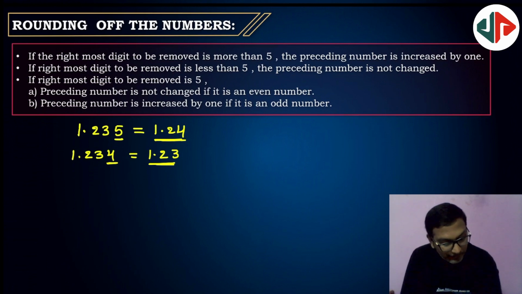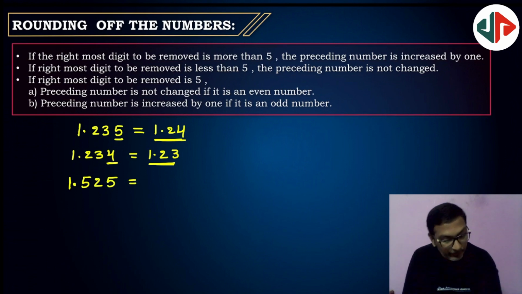Next, if rightmost digit to be removed is 5, then preceding number is not changed if it is even number. For example, suppose 1.525 is given.